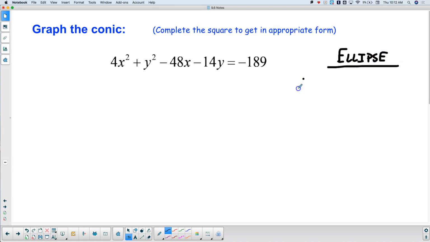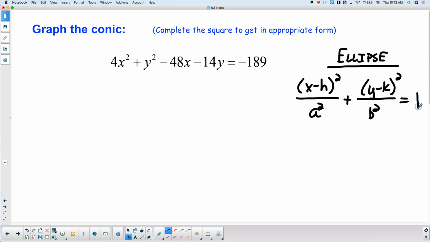Which means we need to put it in x minus h quantity squared over a squared plus y minus k quantity squared over b squared equals 1 form. And then from that, because it's an ellipse, we can find the center, the vertices, the foci, and now in this one, we can graph it. Okay?